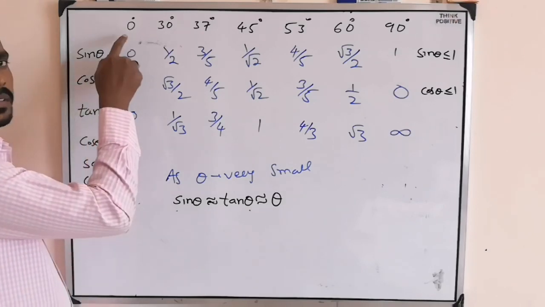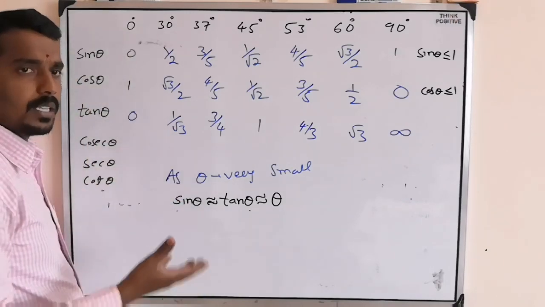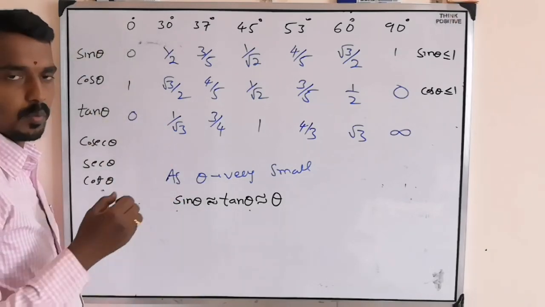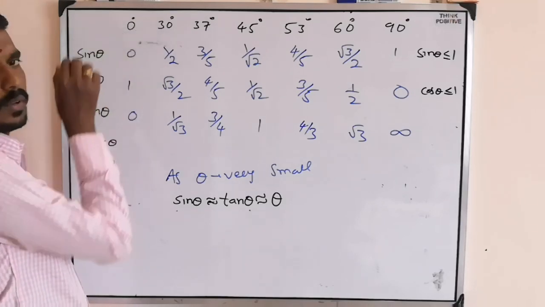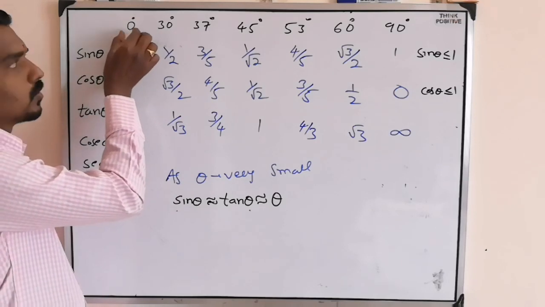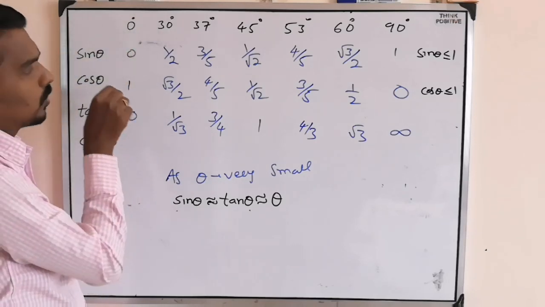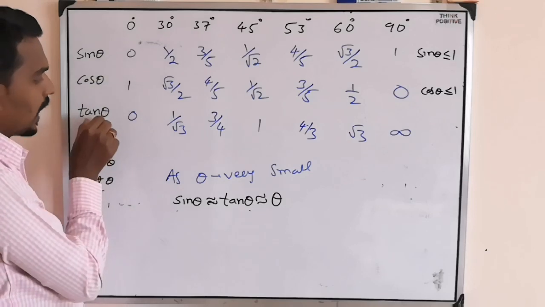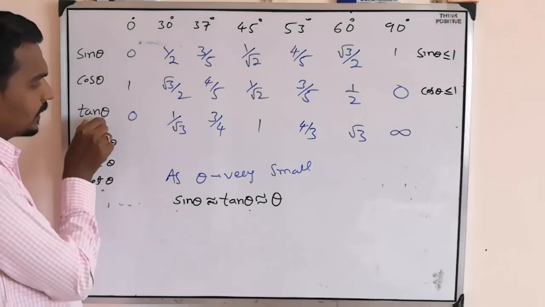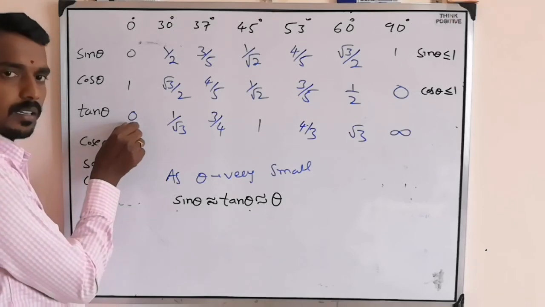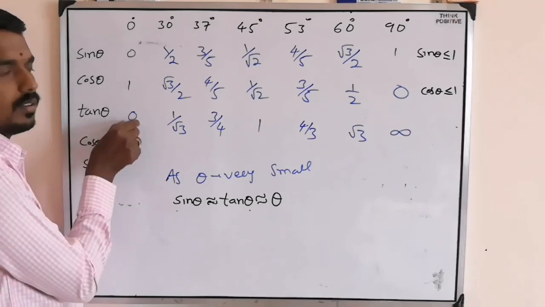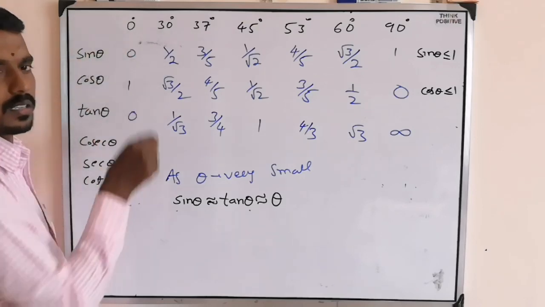Because theta is very small means what? Almost 0, like 0.01, 0.1, something like that. When the value is very small, take the minimum value 0. If theta is 0, sin 0 is also 0, tan 0 is also 0. So tan theta value is equal to theta. Theta 0, tan theta 0. Theta 0, sin theta 0.